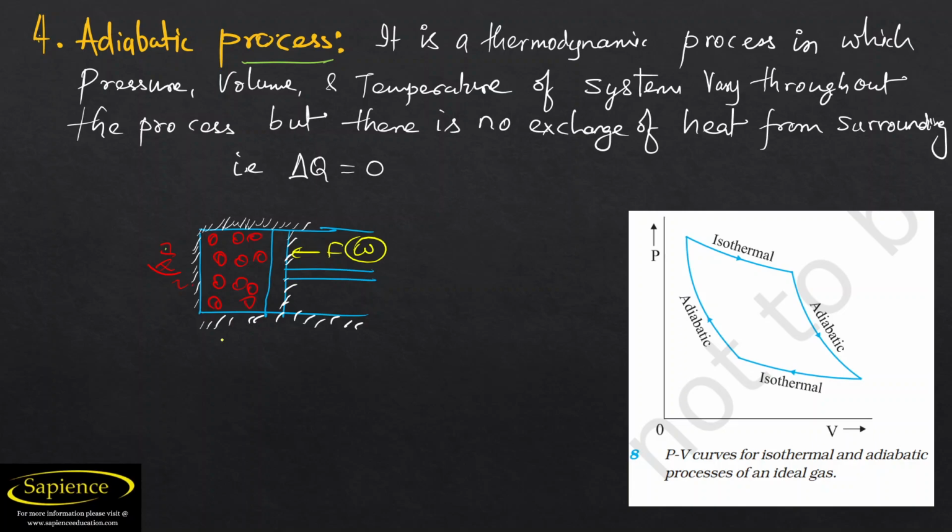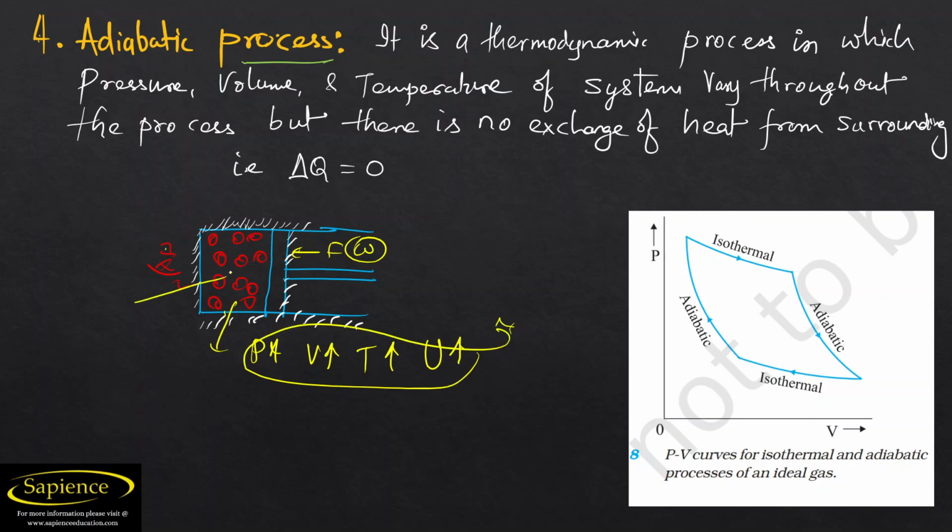Due to work, pressure may change, volume may change, temperature also may change, internal energy may change. But what will remain constant? There is no exchange of heat. So heat will not get transferred. This type of process is known as an adiabatic process, in which the change in heat should be zero.